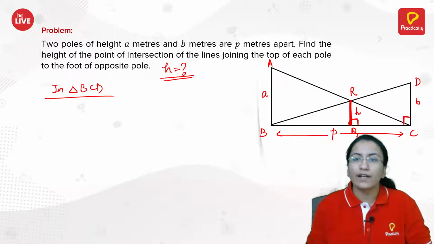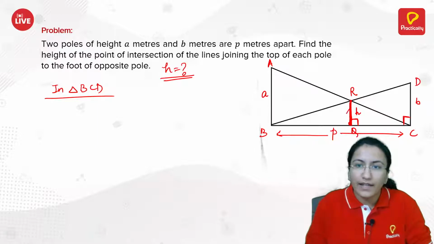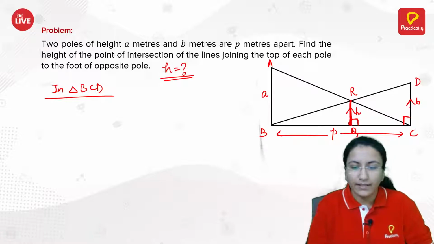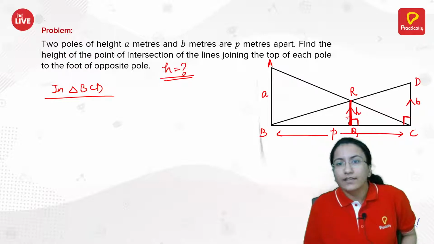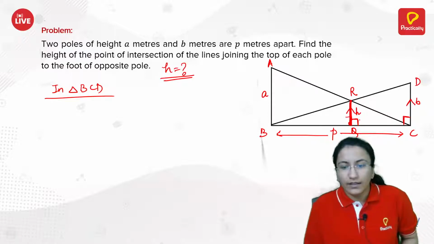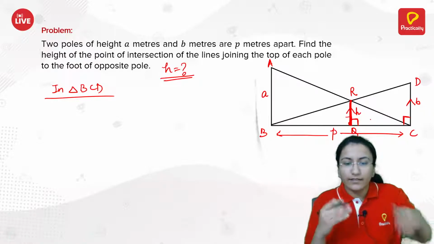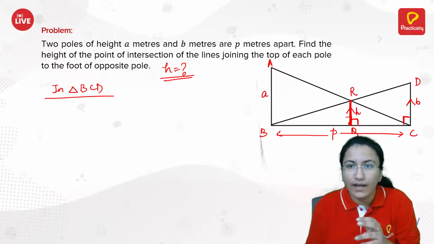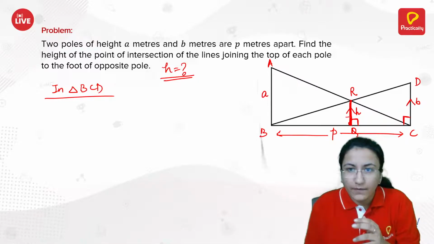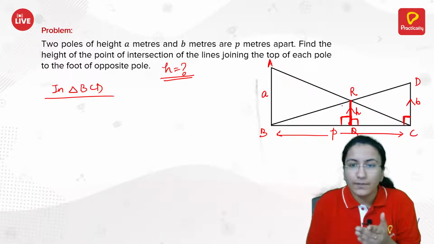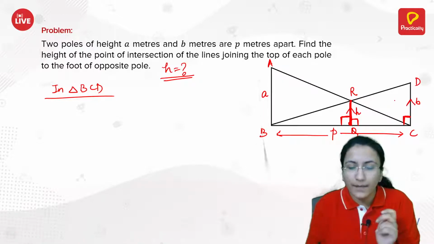If these two angles are 90 degrees, this side is definitely parallel to this side, because interior angles on the same side of the transversal are equal and their sum is 180 degrees each. Or you can say corresponding angles are equal. That implies these lines are parallel to each other.